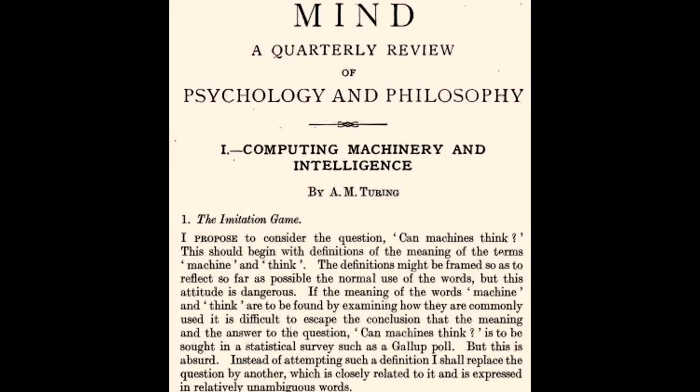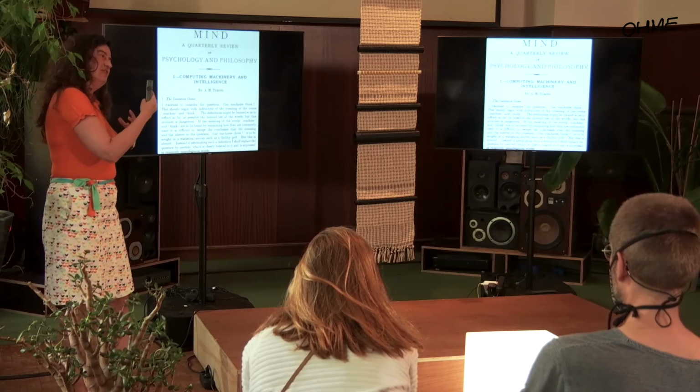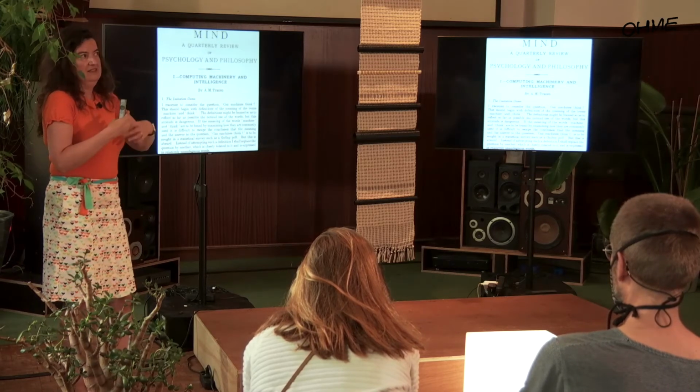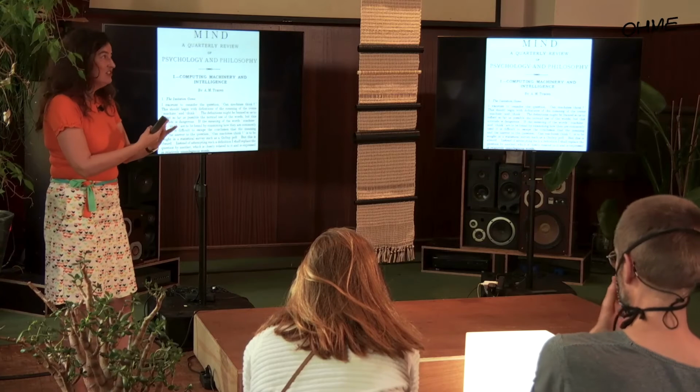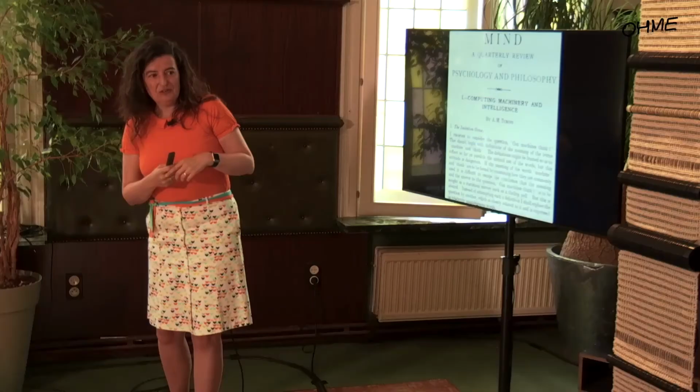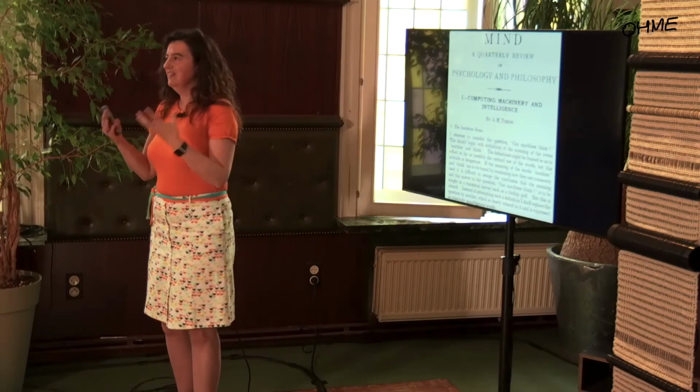You can read the first line. I propose to consider the question, can machines think? So he was the first one to really think about, can a machine think? The title is Intelligence. So, okay, if it can think, you can say, well, is it then intelligent thinking? But then if you read further, he also says, well, what is intelligence?